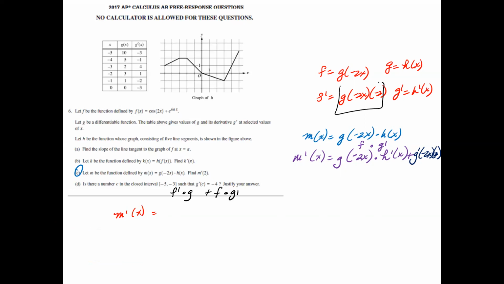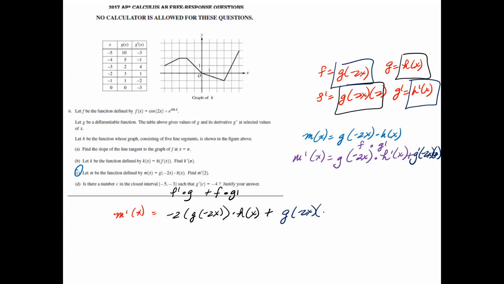So f prime times g is going to be negative 2 times g prime of negative 2x times h of x plus f times g prime. So then f times g prime is going to be g of negative 2x times h prime of x.